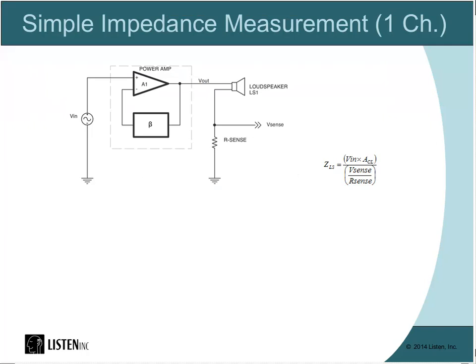And if we know the current going through that loop, we can actually measure the impedance. So it's very simple. If we look at this equation over here, it is V-in times the gain of the amplifier divided by the voltage measured across the sense resistor, which determines the current.